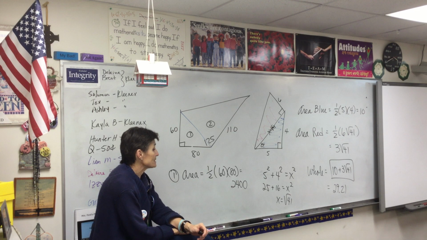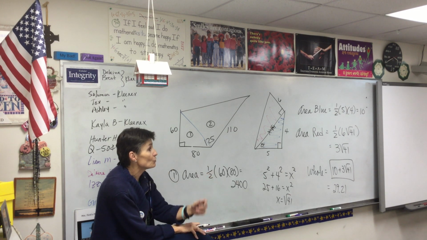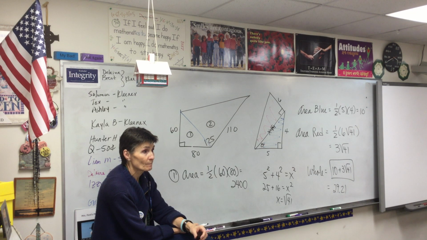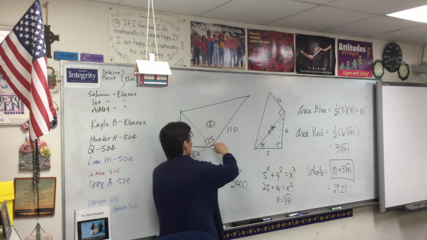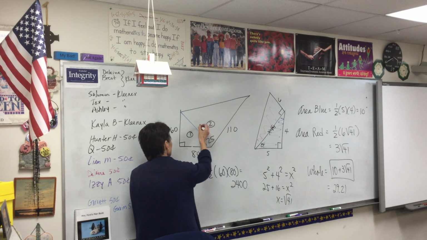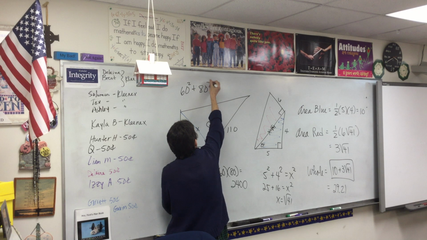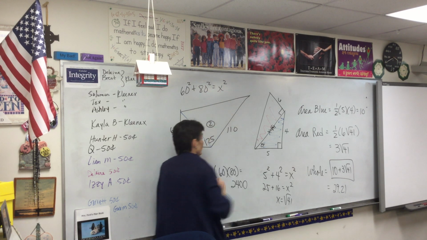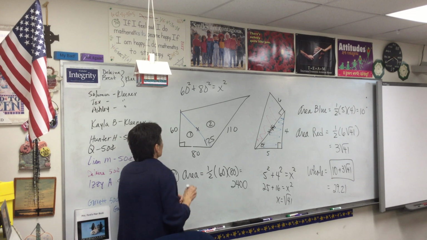Does anyone see any information we could find, or we could do the Pythagorean Theorem on the blue line? Yes. And that would give us another side of the triangle. Right. So 60 squared plus 80 squared equals x squared. This is going to be big.